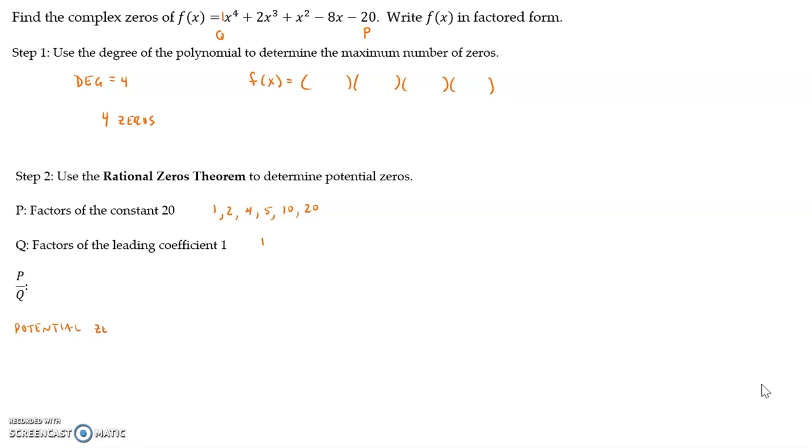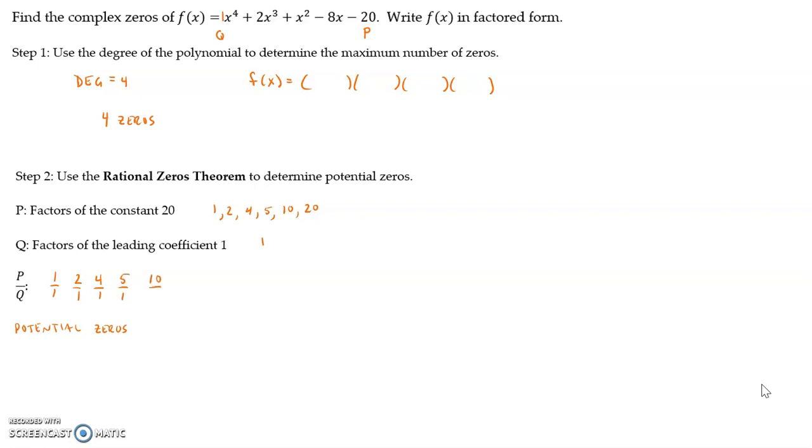Remember that your potential zeros are in the form p over q, so it's each of these numbers where we had the factors for 20, so the 1, 2, 4, 5, 10, and 20, all of them we're going to be writing over a 1. And we're going to get both the positive and negative version of each of these.